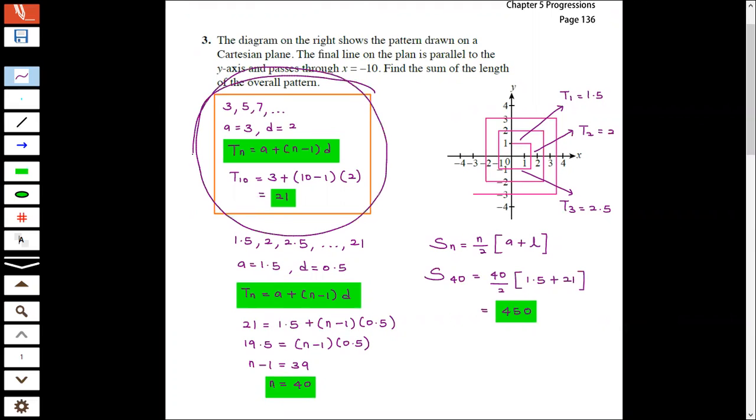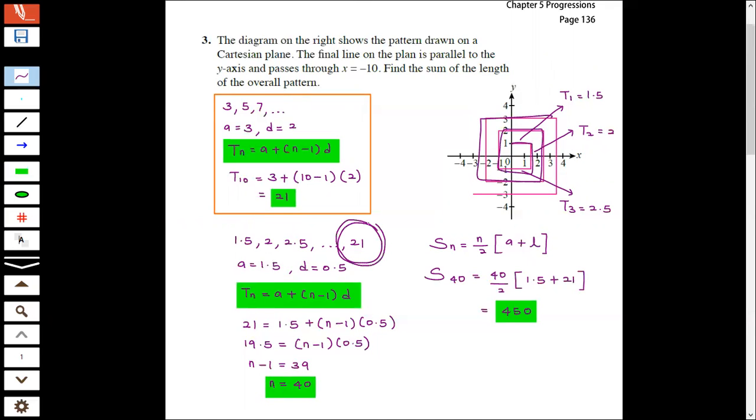The length of the last line is 21. After that, I use the entire pattern with the last line that we managed to find, and I form another progression with a as 1.5 and d as 0.5. Then I need to get n, the total number of sides in that pattern. The total number of sides is 40.